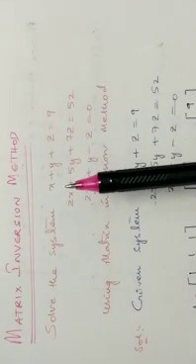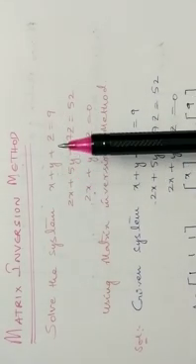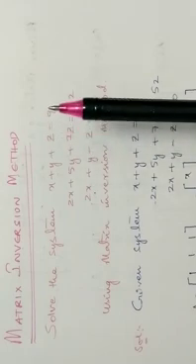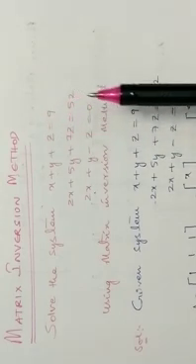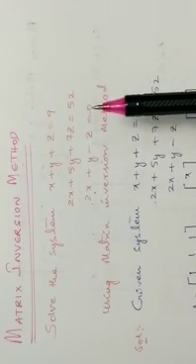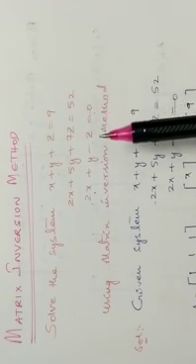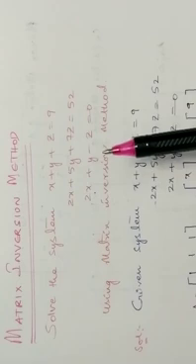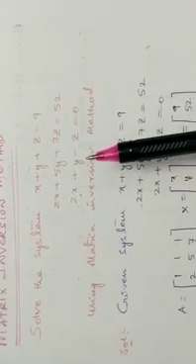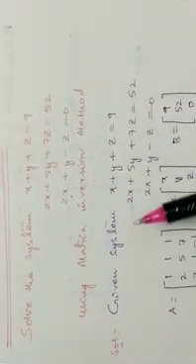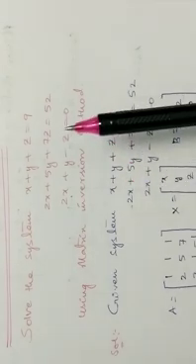One side you should have only X, Y, Z. On the other side you should have only the constants. If not, you have to arrange in that pattern. Right. Given system, I have copied the same here.